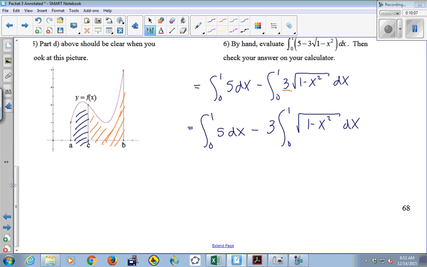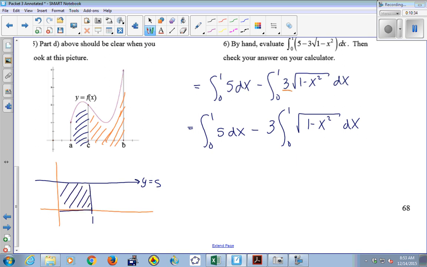All right, the integral from 0 to 1 of 5 dx, what would that be? It's 5. You can just draw yourself a picture: y equals 5 is just a horizontal line, and I'm trying to find the area under that line from 0 to 1. So you're looking for this area.